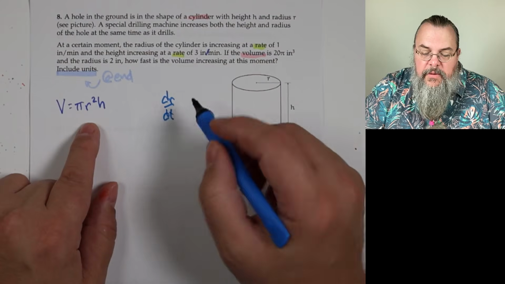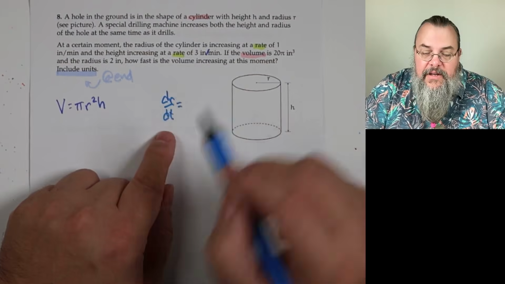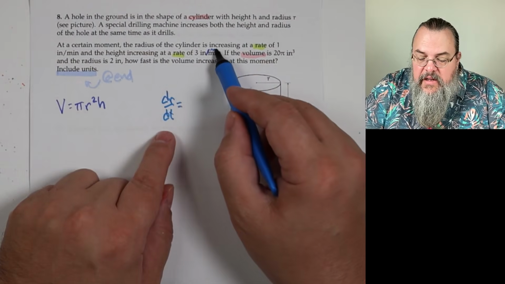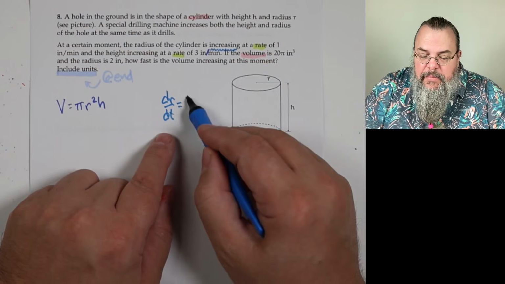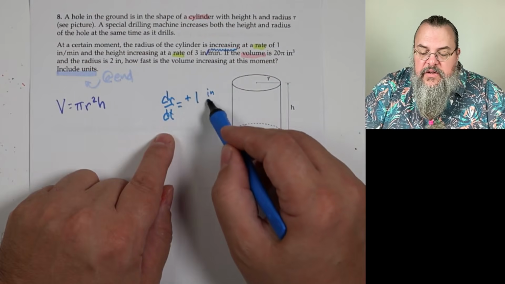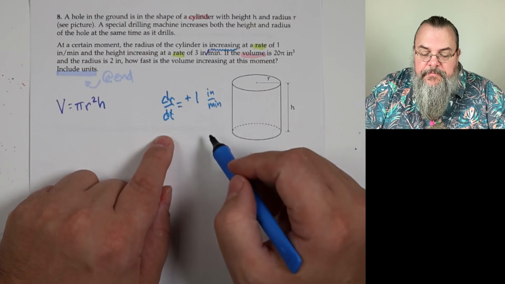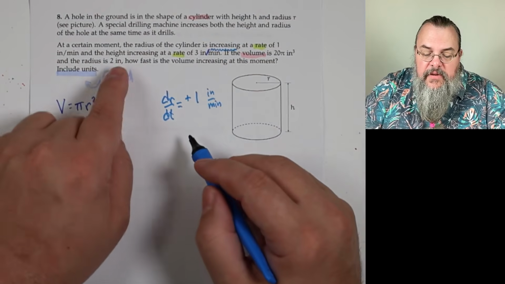That's what's happening with the rate for radius, and it's 1 inch per minute. But I want to point out a key phrase here. It's increasing. So sometimes they'll put increasing and decreasing, and pay attention. So dr dt is plus 1, and I'll just mark it as inches per minute. Now, we don't need that in our computation, but just to emphasize.